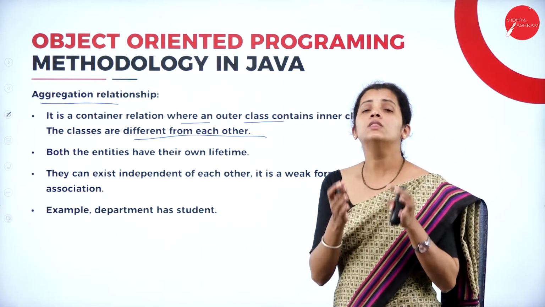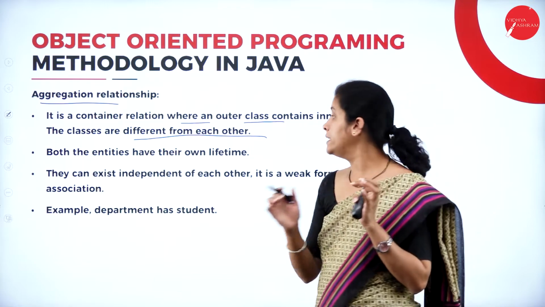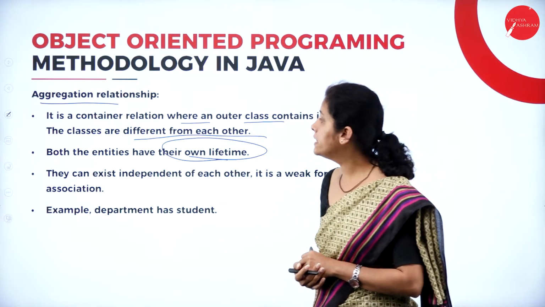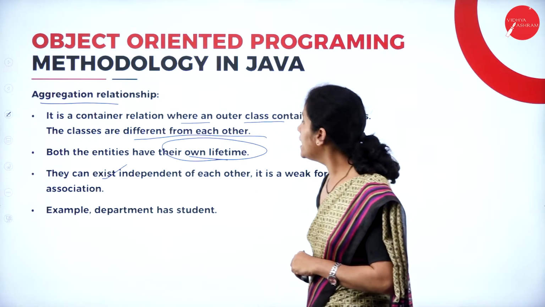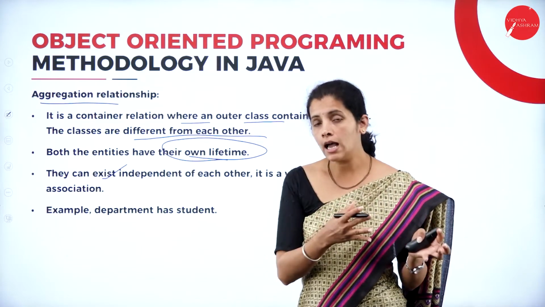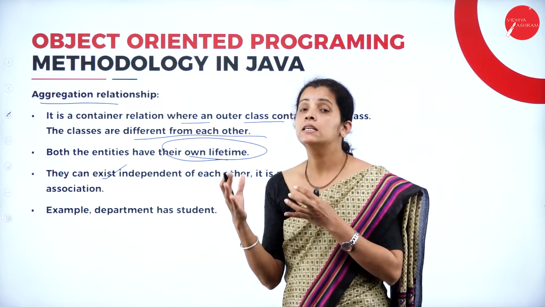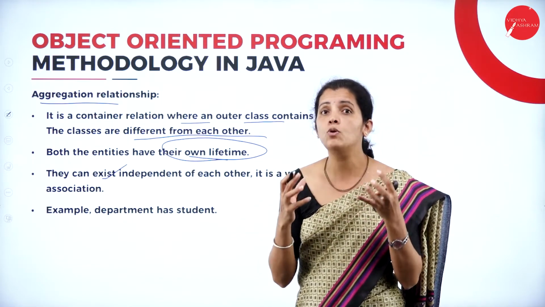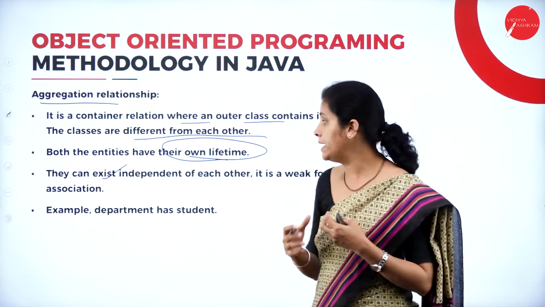Both classes, or both entities, have their own lifetime and they can exist independent of each other. That means both the outer class as well as the inner class do not depend on each other, and both are independent entities.